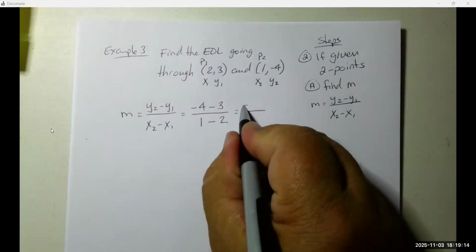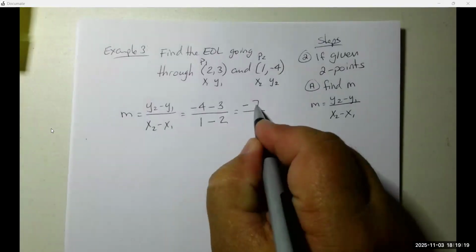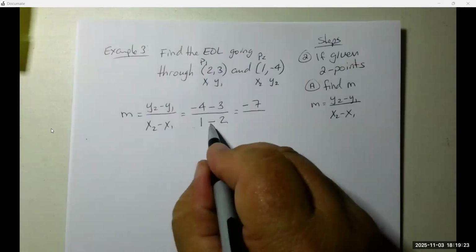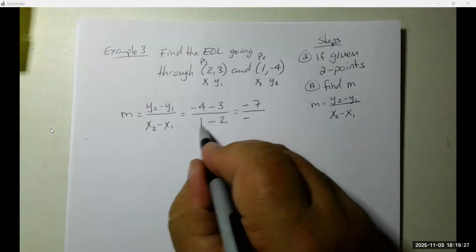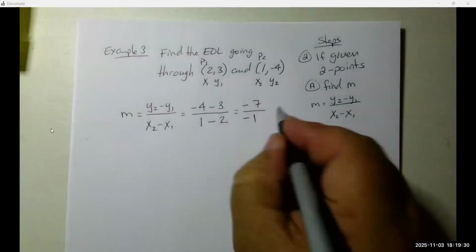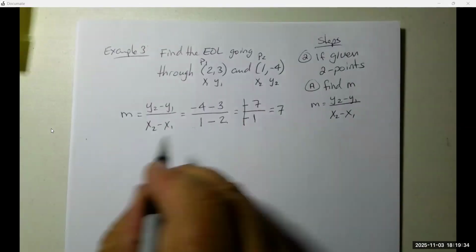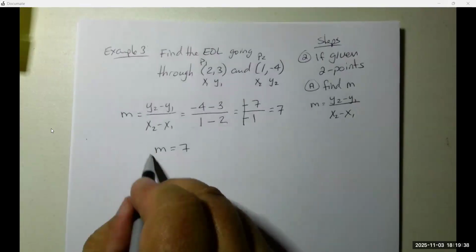Negative and negative, they're both negatives. So the answer is negative. Add the numbers. 4 plus 3 is 7. 1 minus 2, opposite signs. Take the sign of the larger, it's negative. 2 minus 1 is 1. The negatives cancel, so we have 7. So our slope is 7.